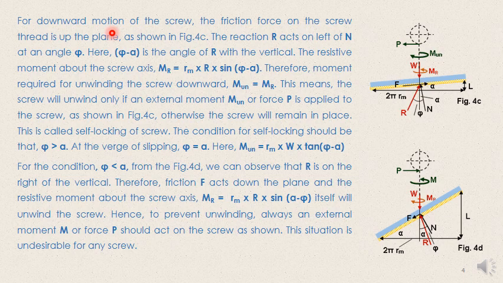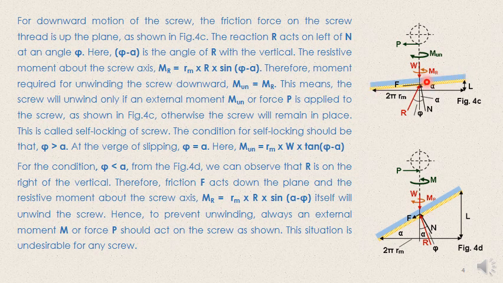Now for downward motion of the screw, this is the particular figure. Once the screw is up in some position, we want to move the screw in the downward direction. So what will happen? Let us see from this figure.